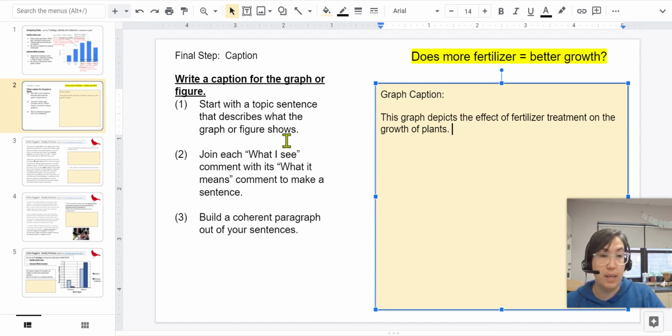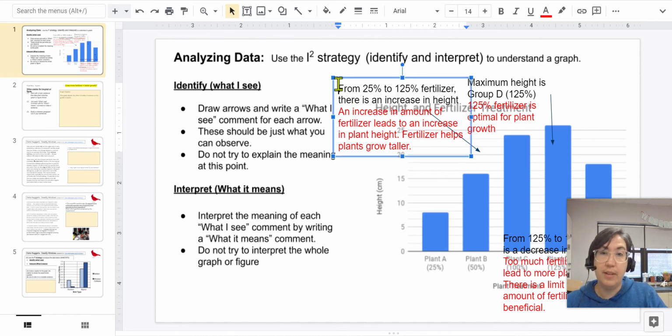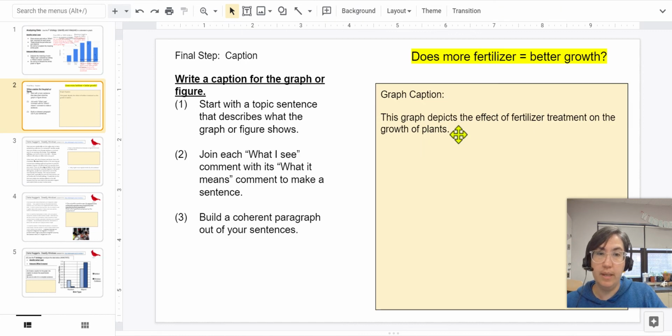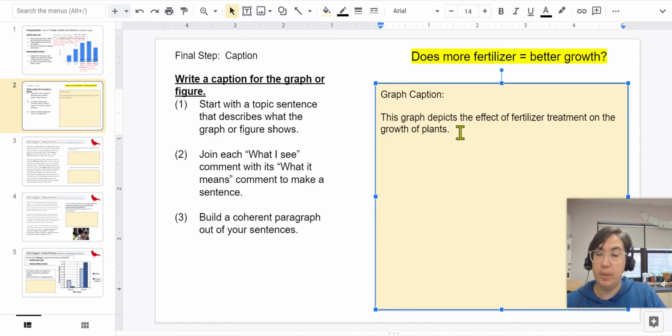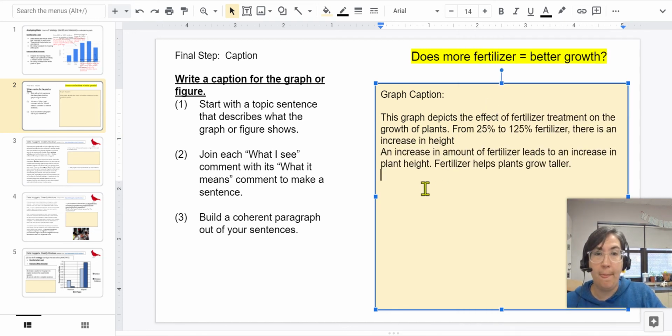And then that's going to make multiple sentences that'll lead to a paragraph. So let's go back. So we can even copy and paste. So I'm going to select this and I'm going to copy it. And then I can come here and paste without formatting. I don't need the colors anymore. All right, and then how can I make this a sentence that's more helpful?